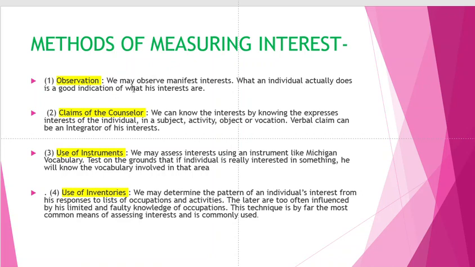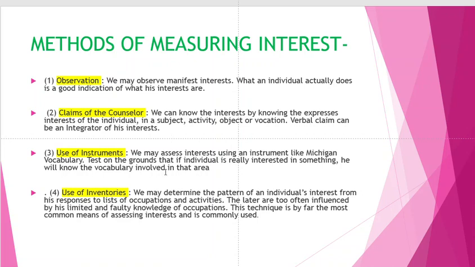By observation, we may observe the manifest interest, what an individual actually does. It is a good indication of what his interests are. And the second one is related to the claims of the counselor, knowing the expressed interest of the individual in a subject, activity, object, and vocation. Verbal claim can be an indicator of his interest through the verbal communication of the student.